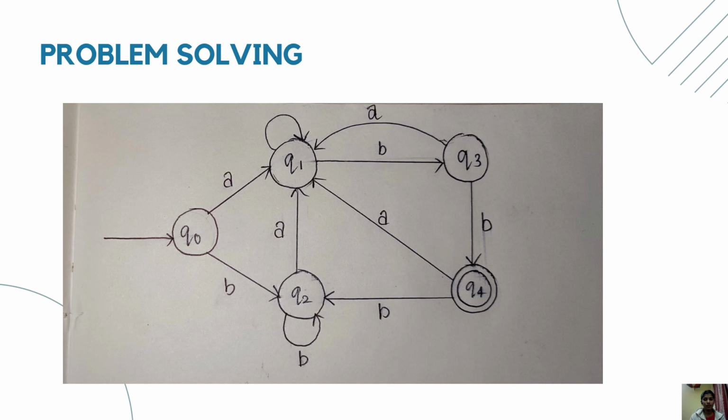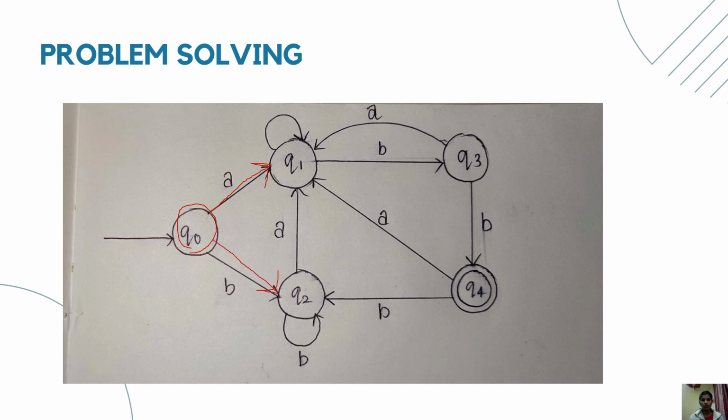So here you see that there are 5 states, that is Q0, Q1, Q3, Q2 and Q4. According to the first step of the table filling algorithm, we need to check if the initial state, that is Q0, is reachable to all the other states. So here we can see Q0 is reachable to Q1, it's also reachable to Q2.